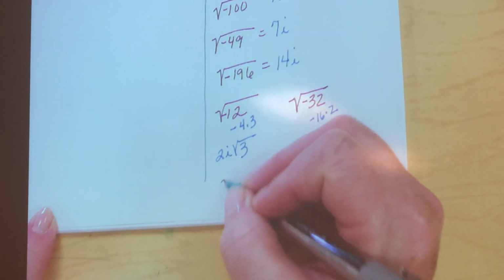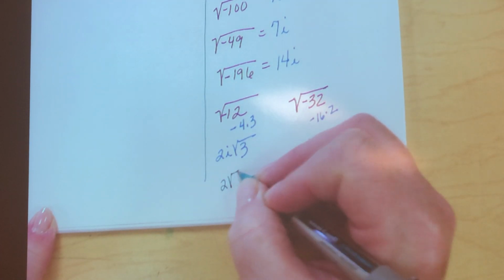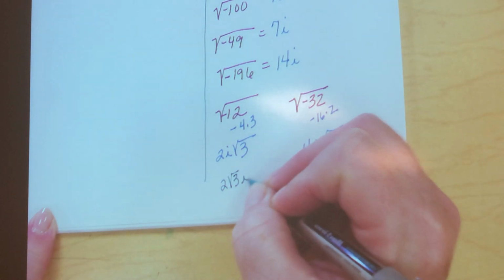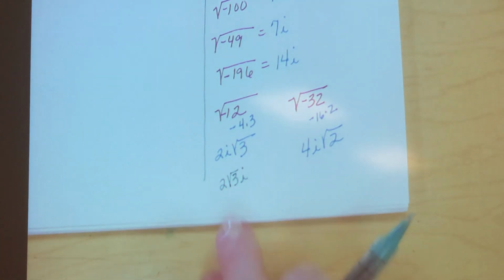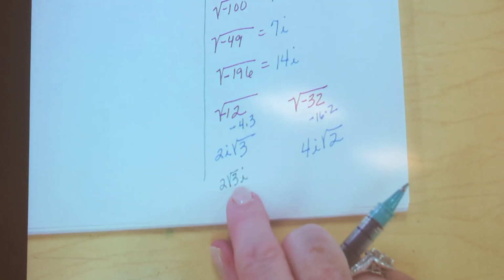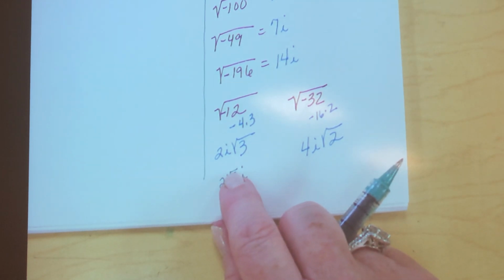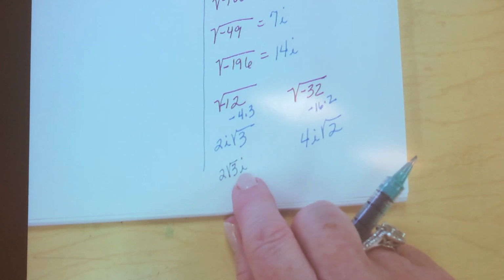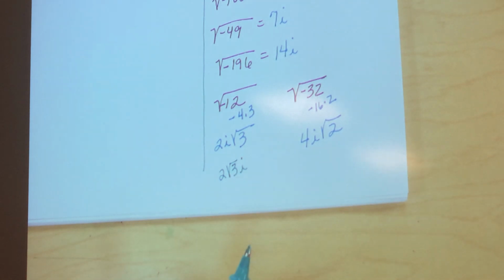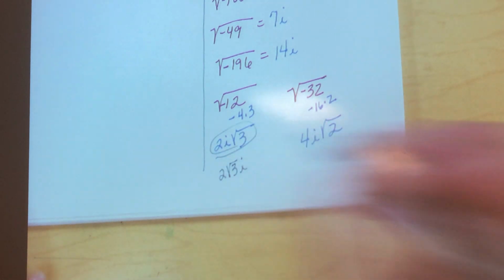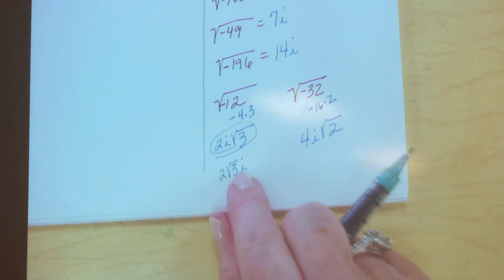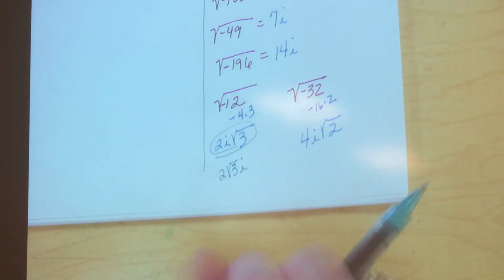But it's going to look like this: 2 times the square root of 2, i. Now, do you see why we don't write it this way? Because y'all are so sloppy that y'all would take that little line and throw it out there, and then this i would be underneath it, and I would mark it wrong. So this is the way that we write it, so that we don't have to be quite so precise.